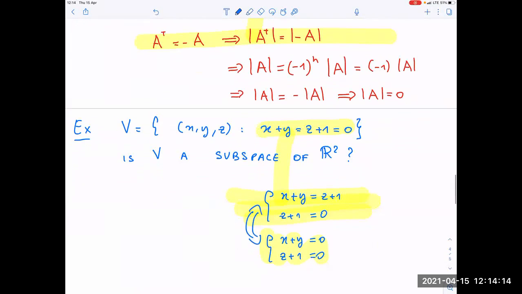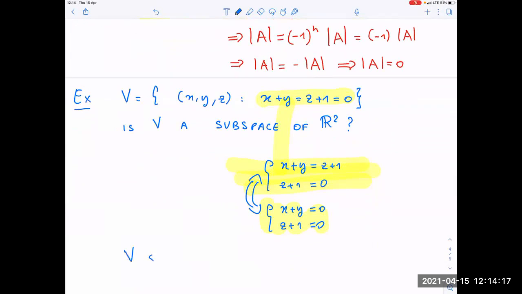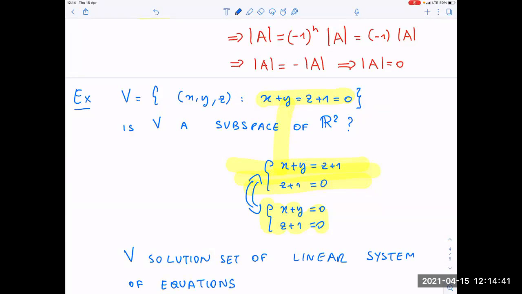So actually this V is the solution set of a linear system. So why is it not a subspace? Since it is a solution set of a linear system of equations, why is it not a subspace? Isn't that enough to be the solution set of a linear system of equations?